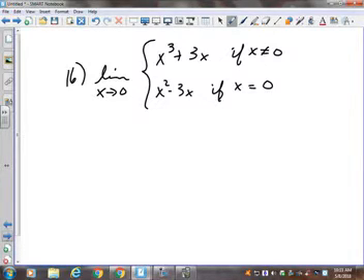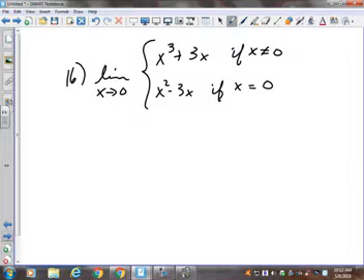So one thing that I'd like to know is, would they have the same answer? Because if they do, then that means that in this particular question, you could talk about the limit existing because they have the same answer.